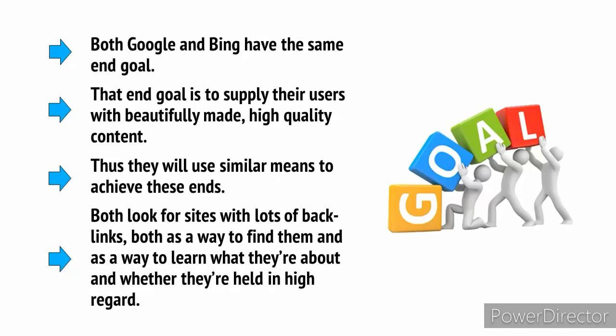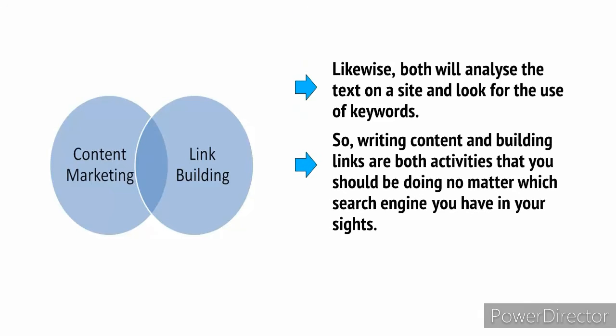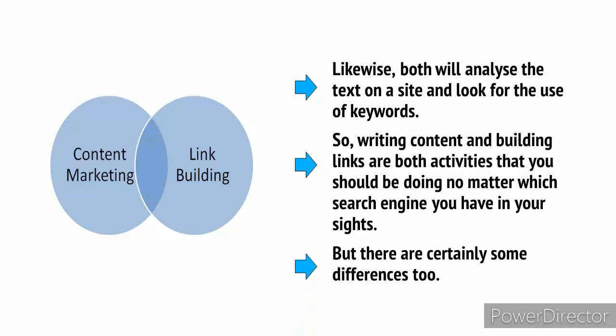Both look for sites with lots of backlinks, both as a way to find them and as a way to learn what they're about and whether they're held in high regard. Likewise, both will analyze the text on a site and look for the use of keywords. So, writing content and building links are both activities that you should be doing, no matter which search engine you have in your sights. But there are certainly some differences too.